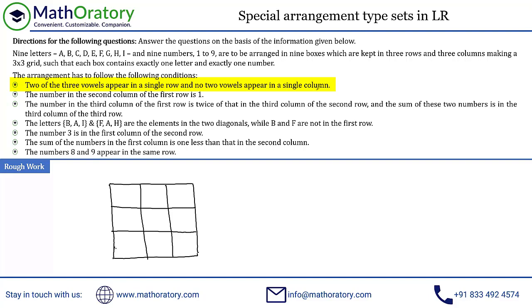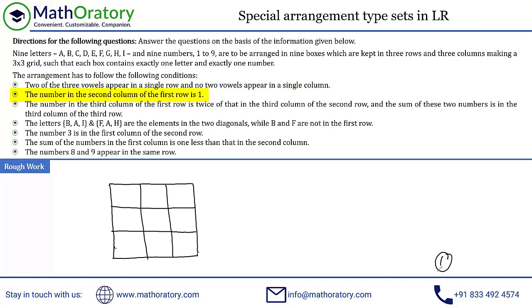So yes, there are three vowels. We know that. So A, E, and I are the three vowels out here. Two of the three vowels appear in a single row, but no two vowels appear in a single column. So each of the vowels appears in a different column. That is something we can maybe utilize. As of now, I'll just write one so that later on I know that point number one I've not collected.